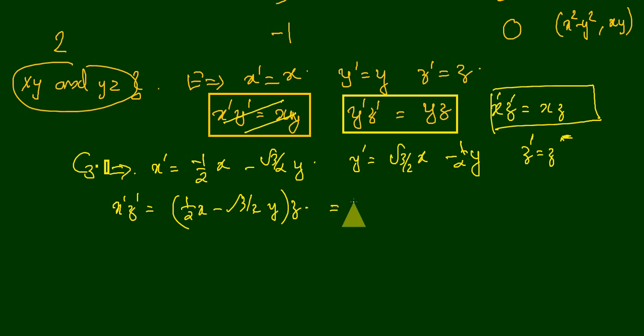That is equal to minus half xz minus root 3 by 2 yz. So this is how x dash z dash transforms. Let us take this in a second box. So x dash z dash is equal to this one.